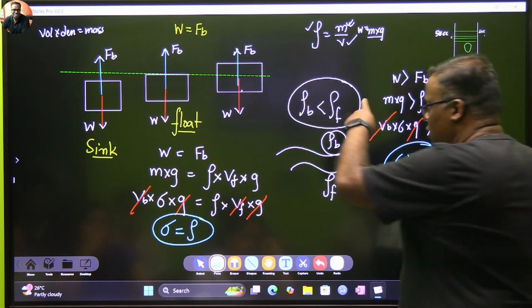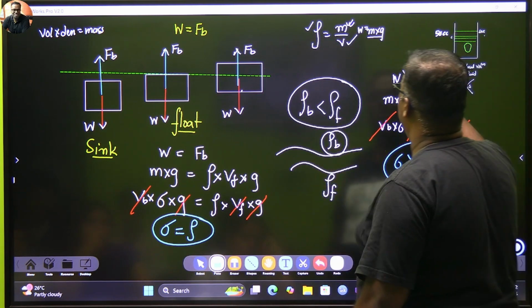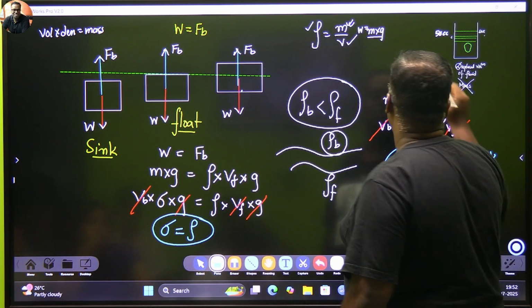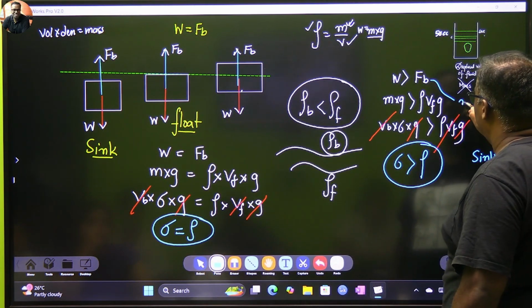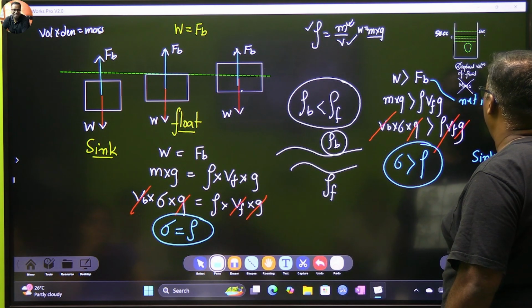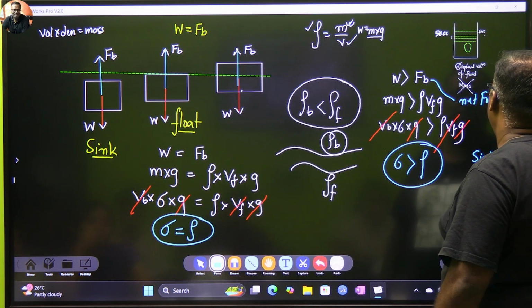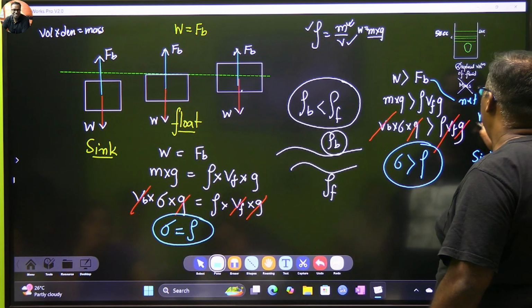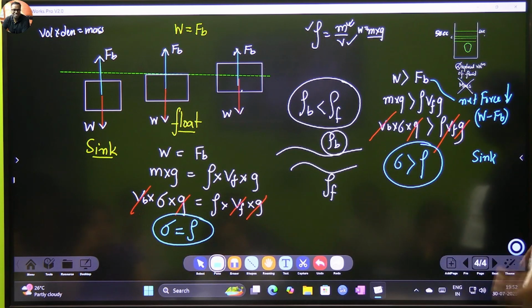Now, when you actually sink, sink means weight is more than buoyant force. So this gives me another interesting thing: there is a net force acting downwards, and that net force is W minus FB, because W is winning over FB.